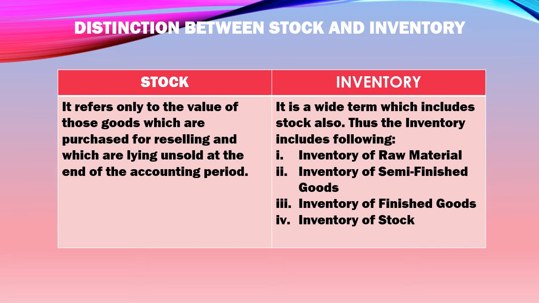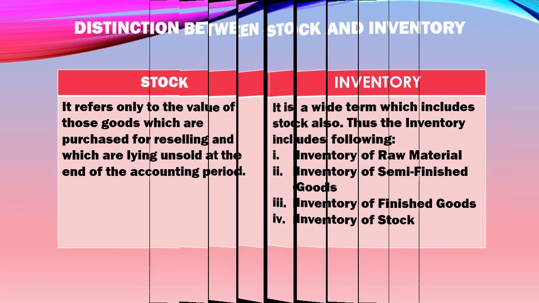So, stock is only the value of those goods which you have bought for reselling purpose and which are lying unsold at the end of the accounting period. But inventory is a wide term because it not only includes the inventory of stock, but also the inventory of raw material, semi-finished goods, and finished goods.